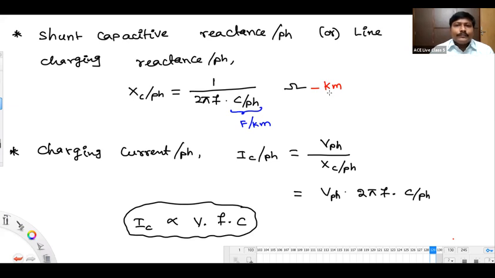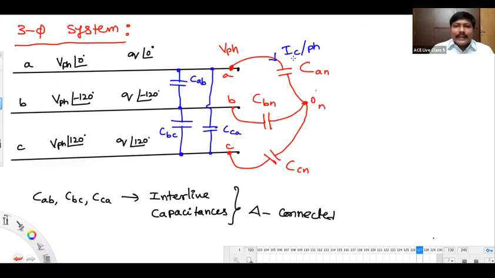Next thing. Can I say that line charging current and per phase charging current are both equal? Yes, of course. If you look at this diagram, this is the charging current per phase, and the same current will be carried by the line also.